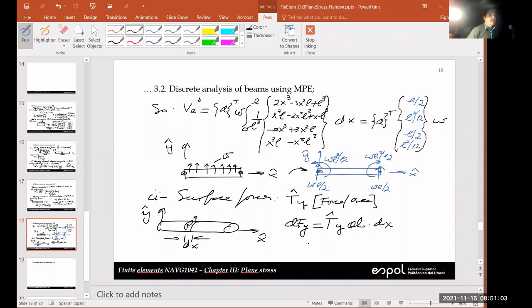So we could say that dFs, we are going to express it as L times T times dx. And this is the length of the perimeter, so this is going to be force per unit length. We have to be careful because P, we use it for several elements, including pressure. So in this case, this is force per unit length.